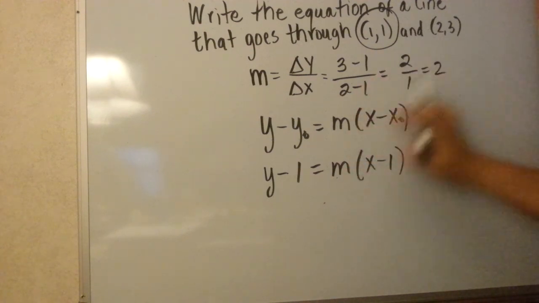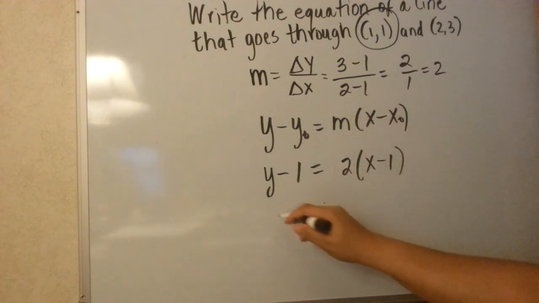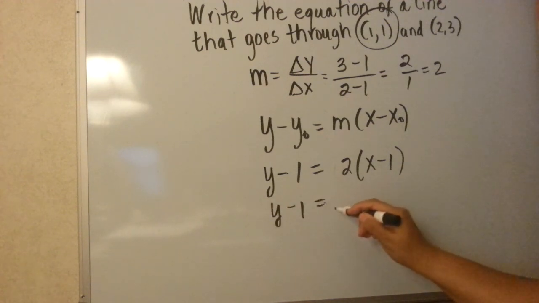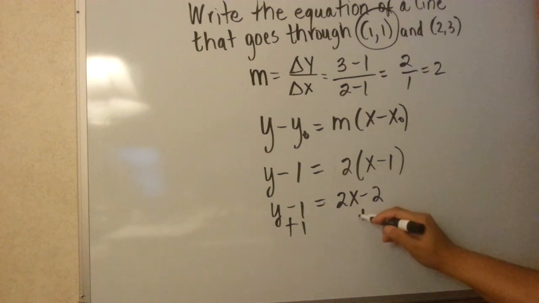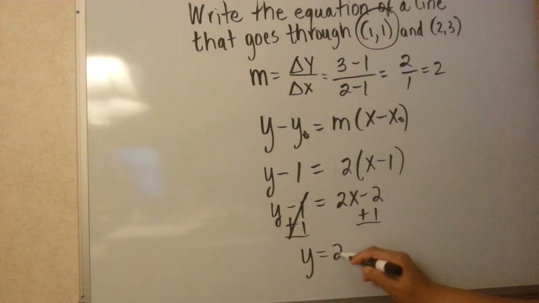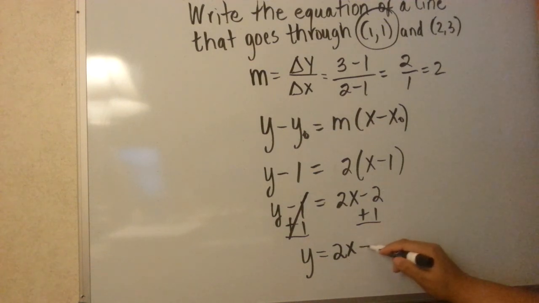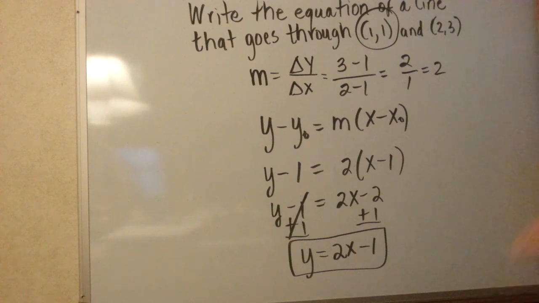Sorry, the slope is a 2. We know the slope. Okay. We're going to distribute that 2. Y minus 1 equals 2x minus 2. And I'm going to add the 1 to both sides. And y equals 2x minus 1. Okay. That would be the equation of the line.